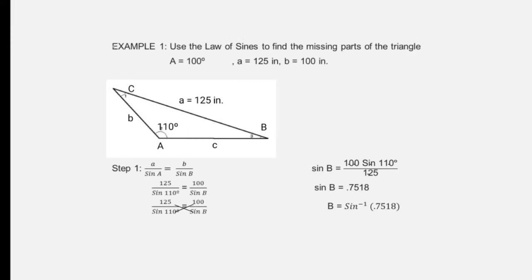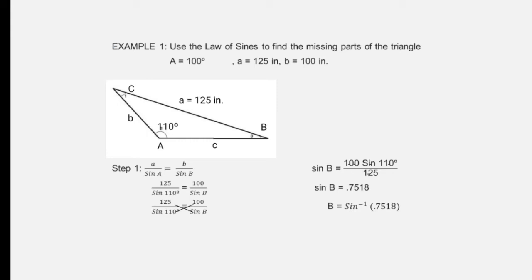So, we have an example here in using the law of sines. If the given triangle is oblique, we have angle A equal to 110 degrees, side a equal to 125 inches, and side b equal to 100 inches. If you're going to sketch the triangle, this is what it will look like. 110 degrees is an obtuse angle, that's why the angle is quite big.